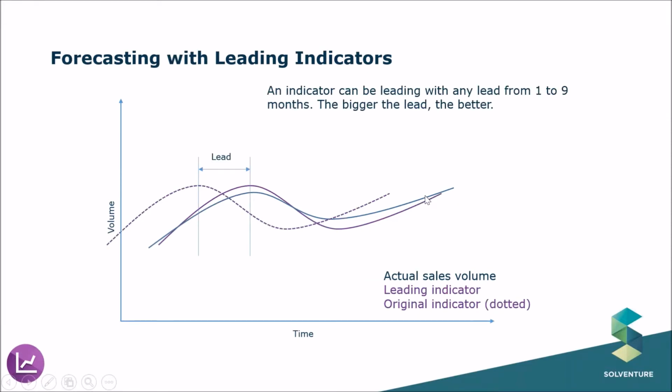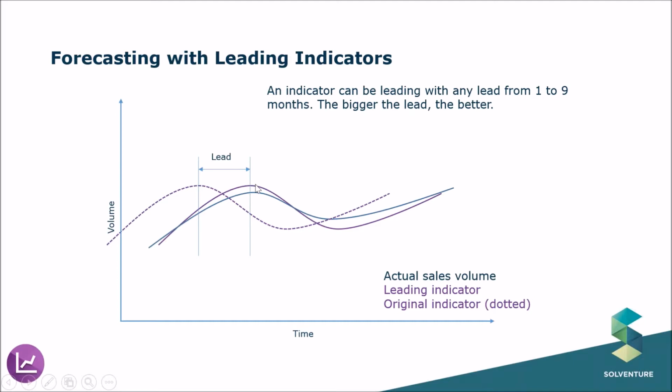Of course, we are looking for indicators which are leading, which means I'm looking for an indicator which tells me at least a couple of months ahead, for instance 9 months ahead, and in the example we will show later on, we have indicators which have a 12-month lead. So 12 months ahead I see if the indicator goes up, I know that 12 months later my sales is going up.